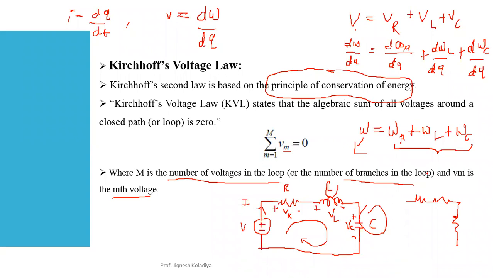Okay, so in this way we can say Kirchhoff's law is based on the principle of conservation of energy, right? This is energy transferred and this is energy absorbed. Both are the same.